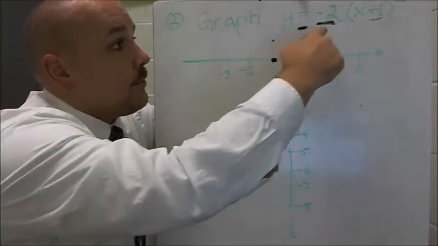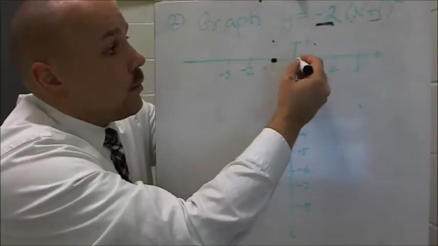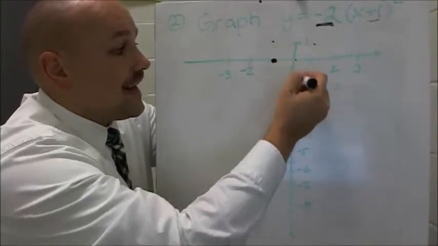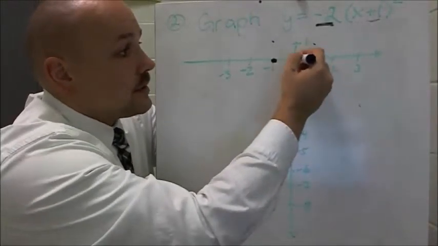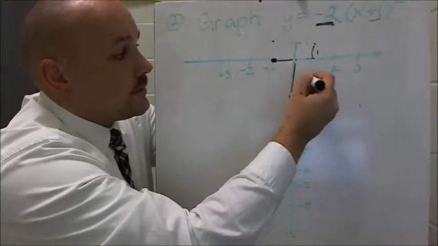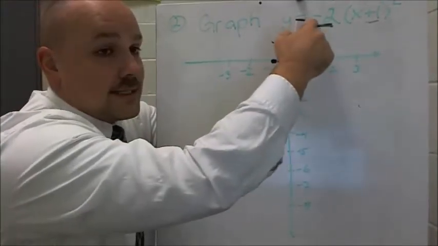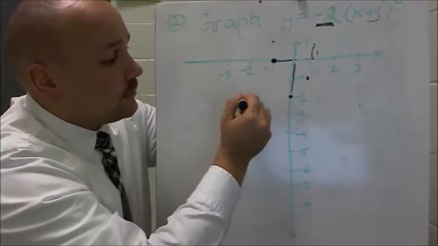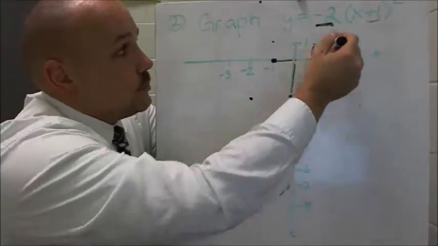Now the minus 2 says instead of going over 1, up 1, from the new vertex I'm going to go over 1, down 2. So instead of over 1, up 1, we're going to multiply that by 2, and it's going to go down because of the negative. So over 1, down 2, over 1, down 2. The next step was 2, 4.